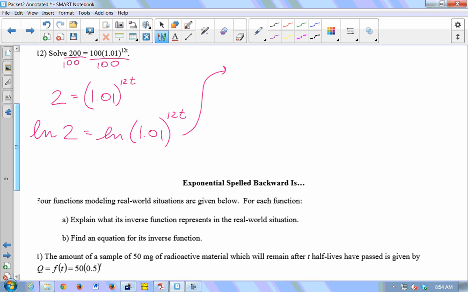Okay, so I've got the ln of 2 equals 12t times the ln of 1.01. And this might look complicated, but that's just a linear equation because the ln of 2 is just a number and the ln of 1.01 is just a number. So I can isolate t by dividing by those two numbers that are multiplied by it.